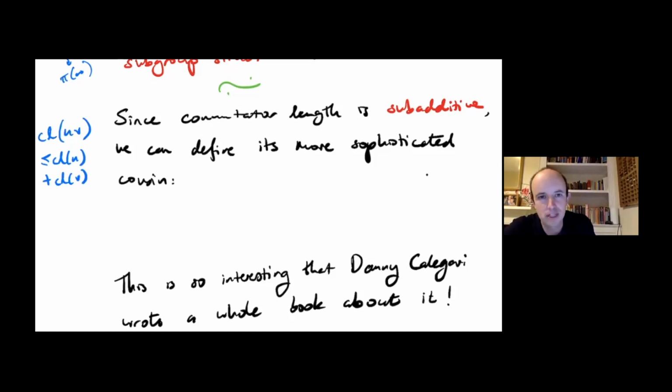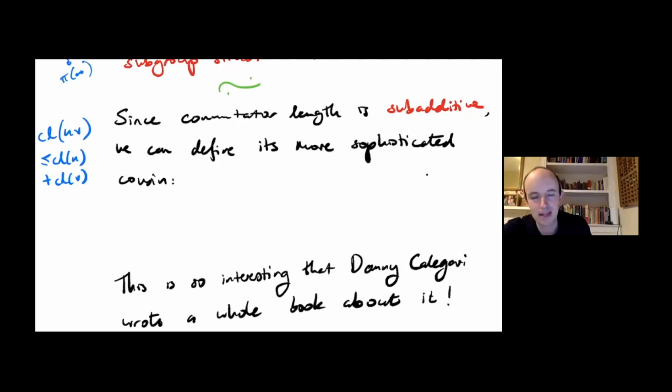Okay. And that motivates the next definition. I can't give you too many more details right now, but it turns out that if you look at a word in your free group, and you look at its commutator length, and then you start taking powers of that word, the commutator length starts to become smaller than you expect it to be.